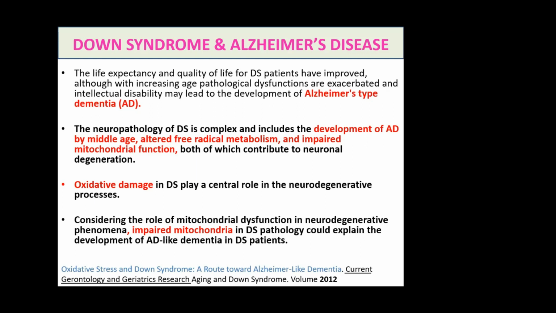So this looks worse than in autism spectrum disorder, because the damage to the brain will cause Alzheimer's disease type dementia in Down syndrome subjects by middle age, right?